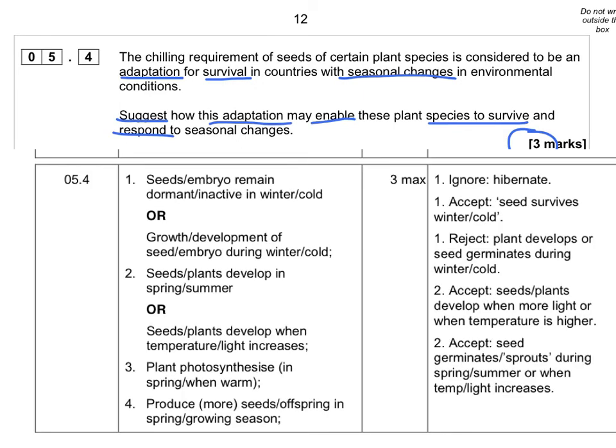It's important that you know that plants do not hibernate, so don't use that word hibernate. But yeah, the seeds are remaining dormant, or they're starting to grow and develop, as they have done the cherry seed, for example, and they then will develop at the correct time of year, which is in the spring. I would say that there's more light during the spring, therefore more photosynthesis, and therefore seeds will germinate. And it then produces more seeds that allow it to survive it through the growing season.